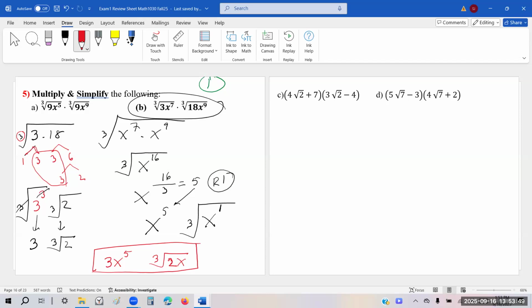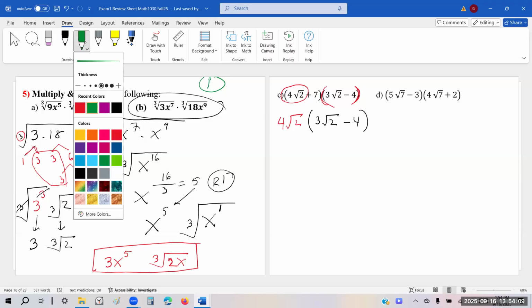Okay, let's just see. We have 4 square root of 2. So we take 4 square root of 2 and we multiply the second binomial, 3 square root of 2 minus 4.